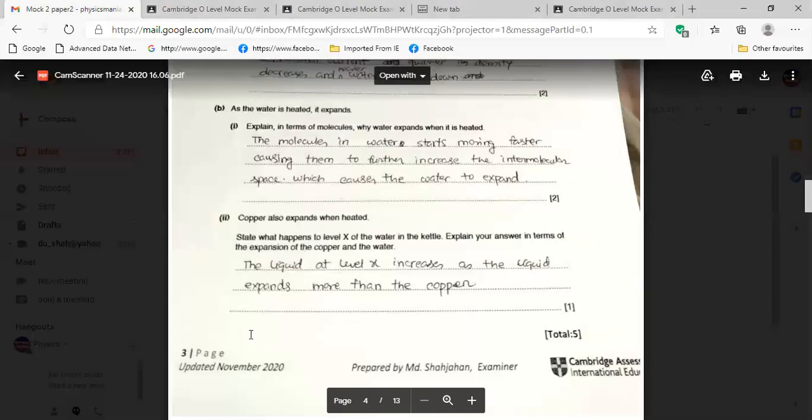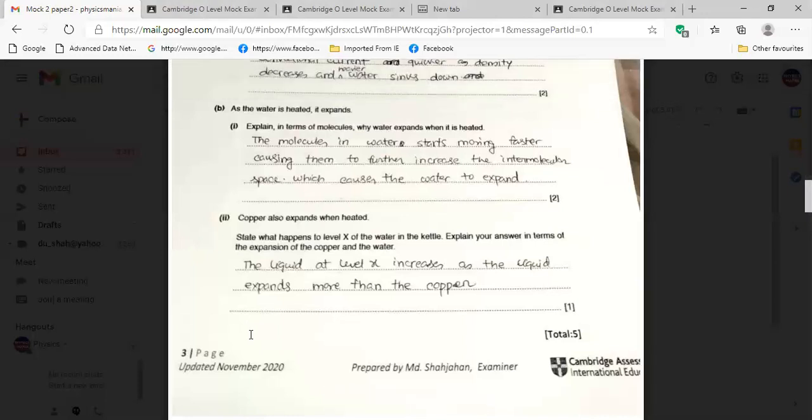Sir, in the main O levels, they will not exactly follow the mark scheme, right, sir? If it is acceptable, they will just accept it, or will they strictly follow the mark scheme? The examiner has the scope to apply judgment.